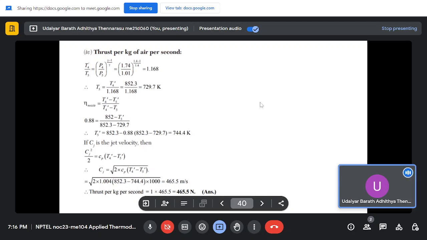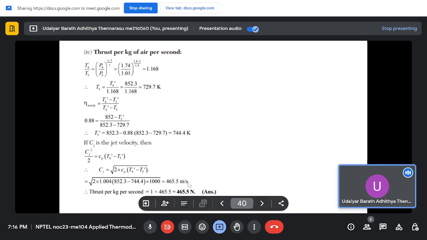Now doing an energy balance, the steady flow energy equation across the nozzle, we can find the velocity of the jet. Velocity of jet is the square root of 2 times Cp into (T4' minus T5'). Substituting the values, we find the velocity of jet is 465.5 meters per second.